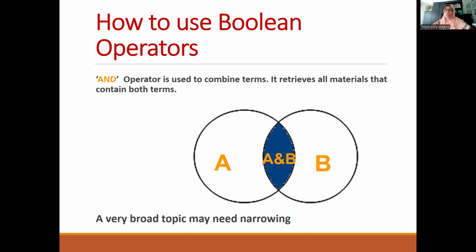The AND operator is used to combine terms. It retrieves all materials that contain both terms. Here you can see the intersection of A and B shows the particular narrowed result when we use the AND operator.